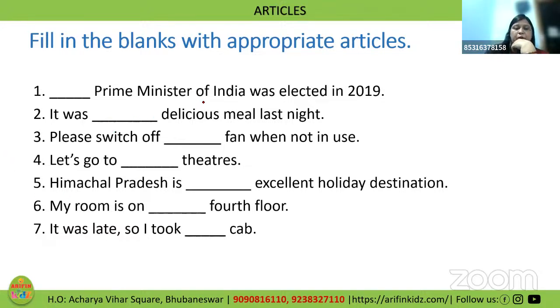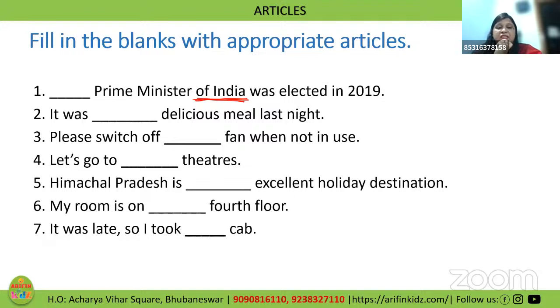Why? Because we are talking of a particular Prime Minister. The. Very good, Anshita. Harshi, Swati, Kinjal, Ishit. Where is your answer?